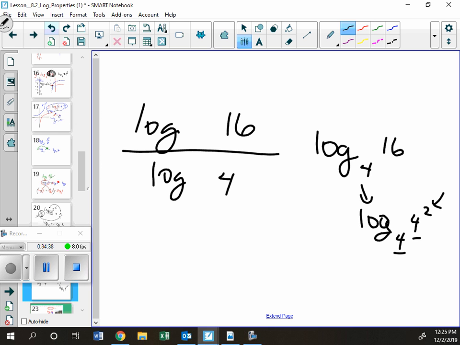And if you're like, why did this turn into that? I don't get that. It's that base change formula. These were both base 10s, and it's just like it started as that in the first place. That you can change it this way, you can change it the other way. Okay, that's a lot.